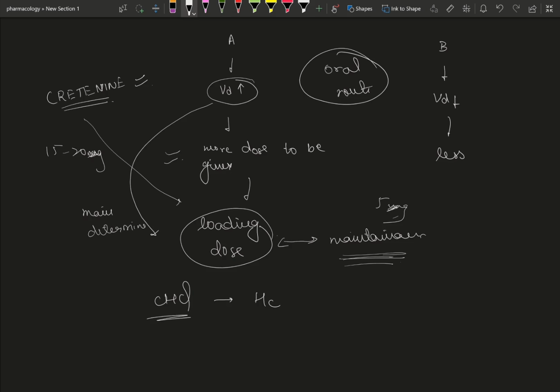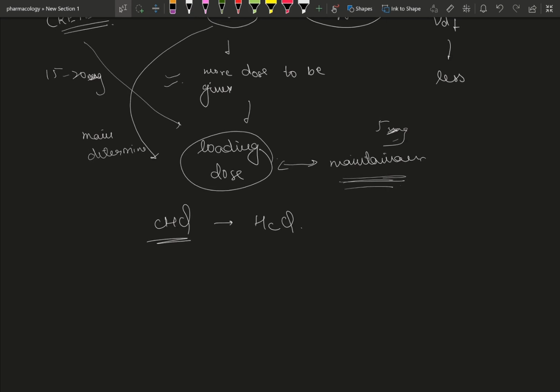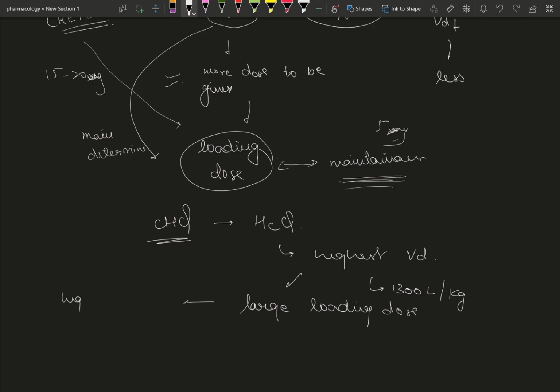Another example is chloroquine, which is very popular by the name of hydroxychloroquine in the current scenario. So HCQ has the highest VD. A drug which has the highest VD is chloroquine. It has a VD of 1300 liter per kg. So a large loading dose is required here. So what happens is that it has very high chances of toxicity.